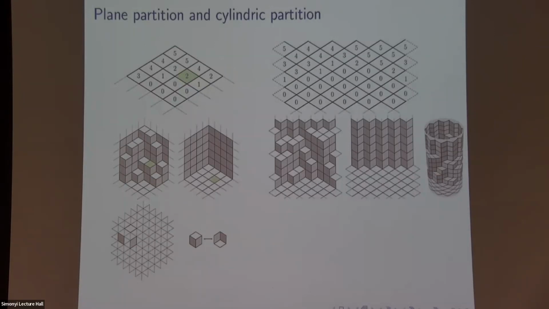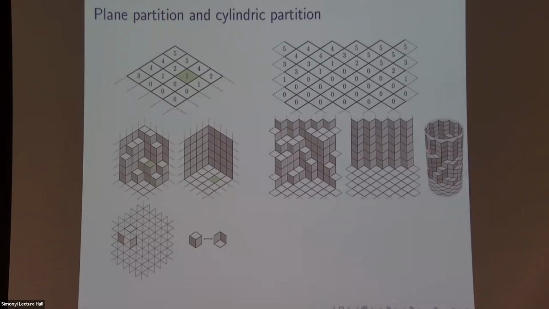Finally, let me give you a definition of a cylindric partition, which we're interested in today. Let us consider now a square lattice which is wrapped around a cylinder, a half-infinite cylinder. Here is a cut version of such a square lattice.